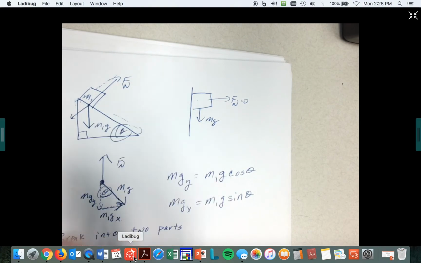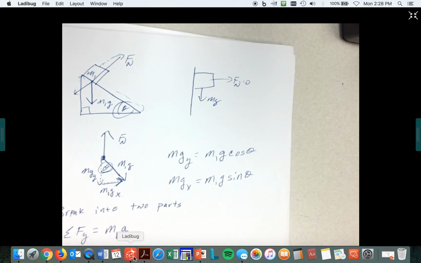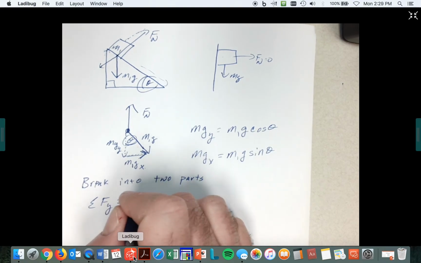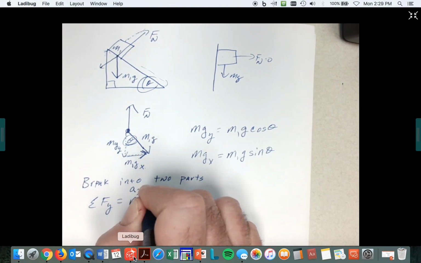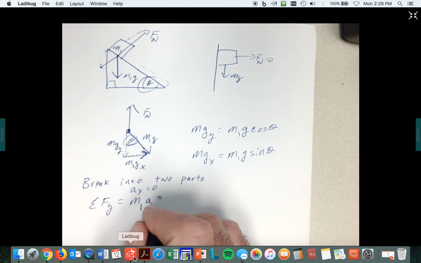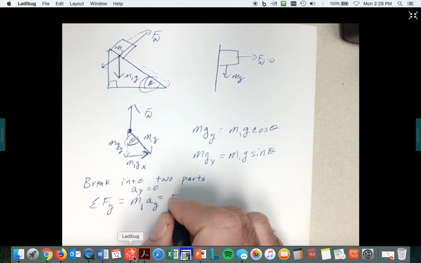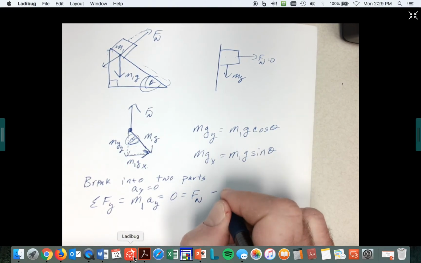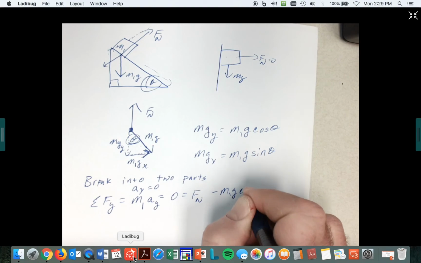Is it crashing through the incline? No. So the acceleration in the y direction is equal to 0. It has no acceleration in the y direction. This is equal to 0, so I've got a normal force minus m1g cosine of the angle.